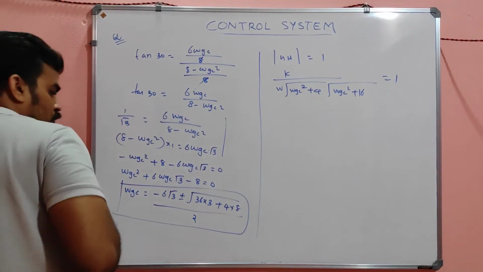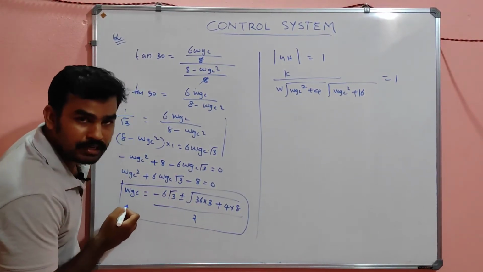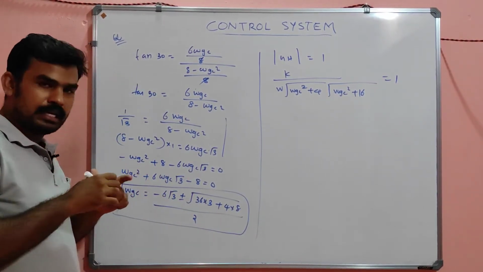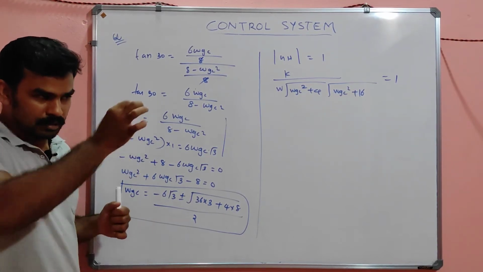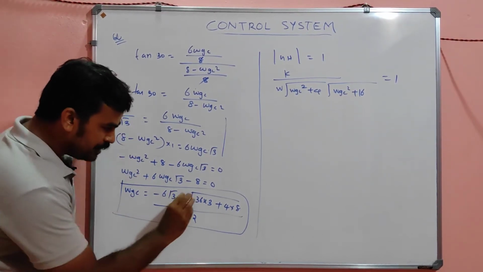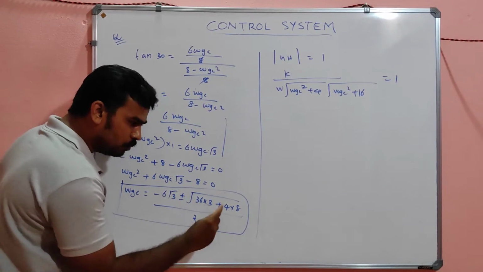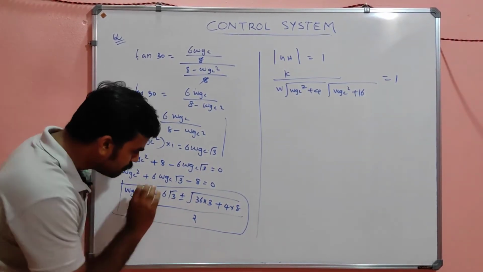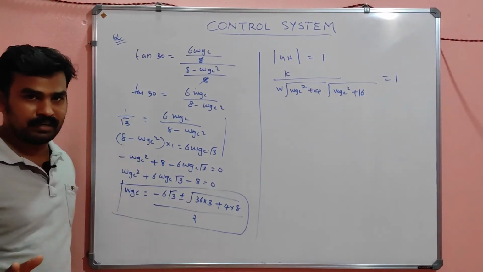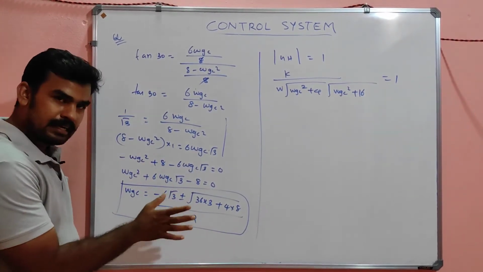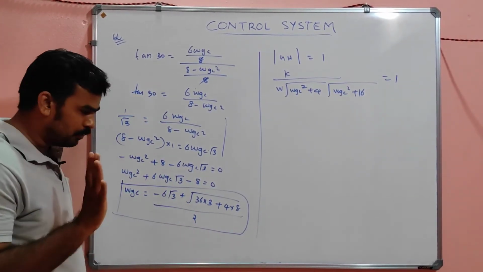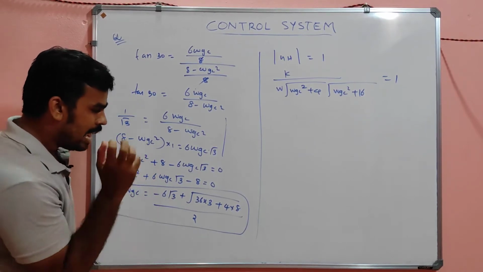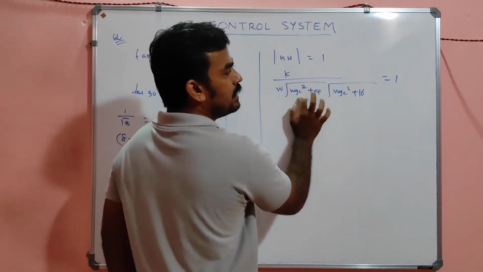Am I right? So this value of omega gc, you got a certain value. In an actual examination, the inner roots can be easily solvable, or roots may be given. Not this complicated a thing will definitely be asked. You can take only the positive value for omega gc and substitute it here.